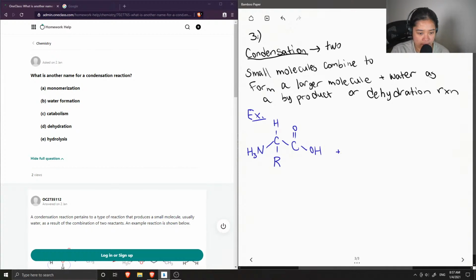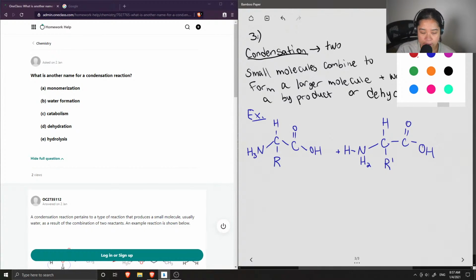Okay, so let's say this was combined with another amino acid. So we have another amine group with a different R group, so I'll just denote it as R prime. And again, it still has the carboxylic acid functionality.